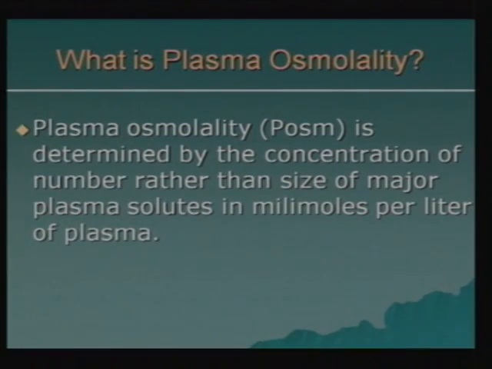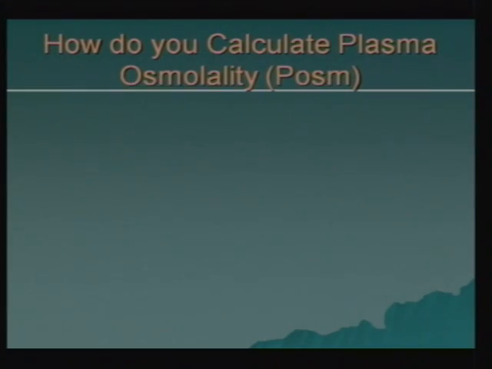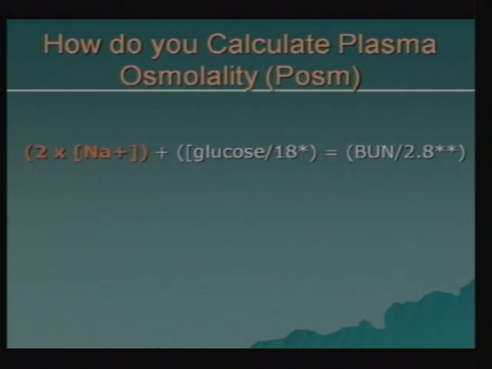Plasma osmolality is determined by the concentration of number, rather than size, of major plasma solutes in millimoles per liter of plasma. So how do you calculate plasma osmolality? The answer is 2 multiplied by sodium concentration, because 1 is for the anion, so chloride will be an equal amount, or bicarbonate or something, plus glucose divided by 18.